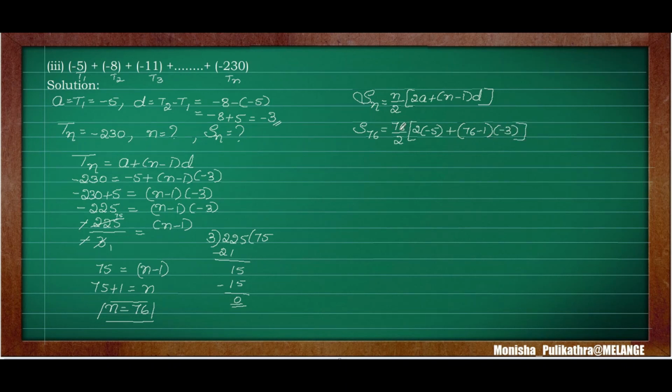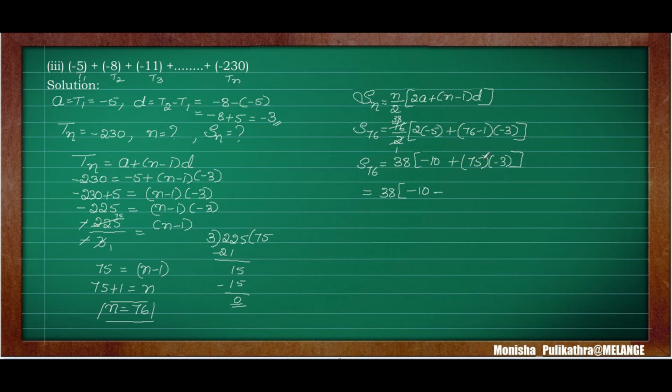Okay, since 76 divides by 2, we can divide it here itself. So 2 3s are 6, 1 carry, 2 8s are 16. Okay, so S76 is equal to 38 into 2 into minus 5 is minus 10 plus 76 minus 1 is 75 into minus 3. Okay, so 38 into minus 10 plus into minus is minus.